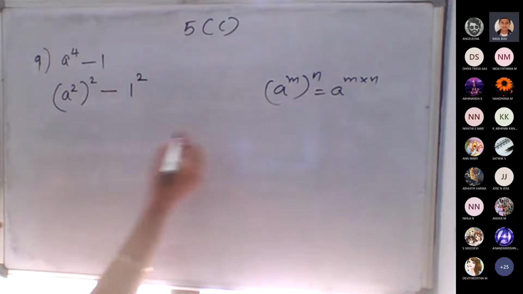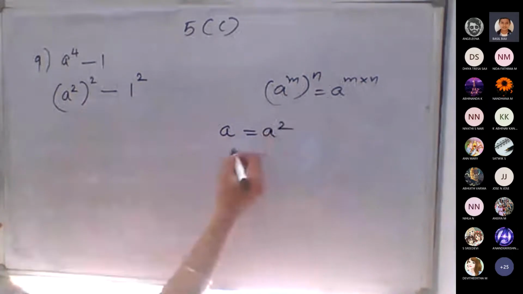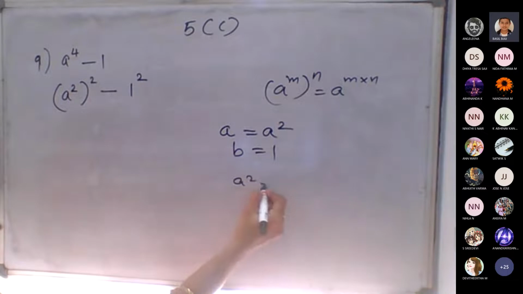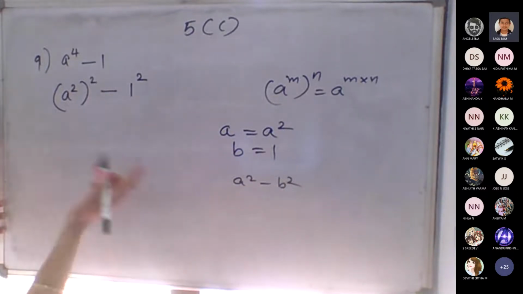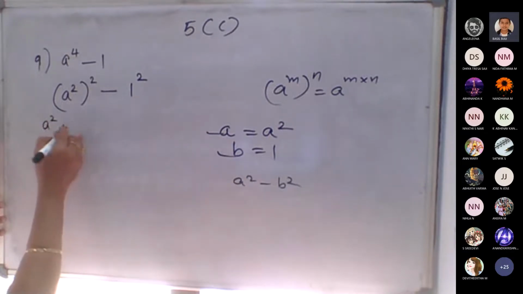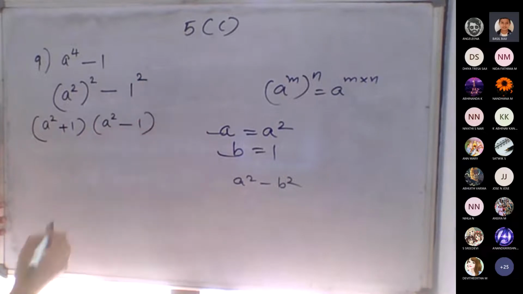This is in the form of a square minus b square, where a is equal to a square and b is equal to 1. That is a plus b into a minus b. So a square plus 1 into a square minus 1.